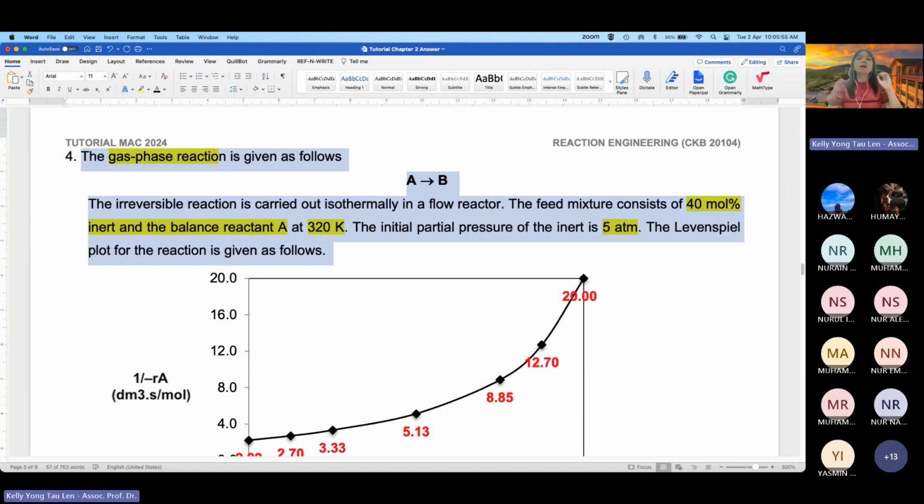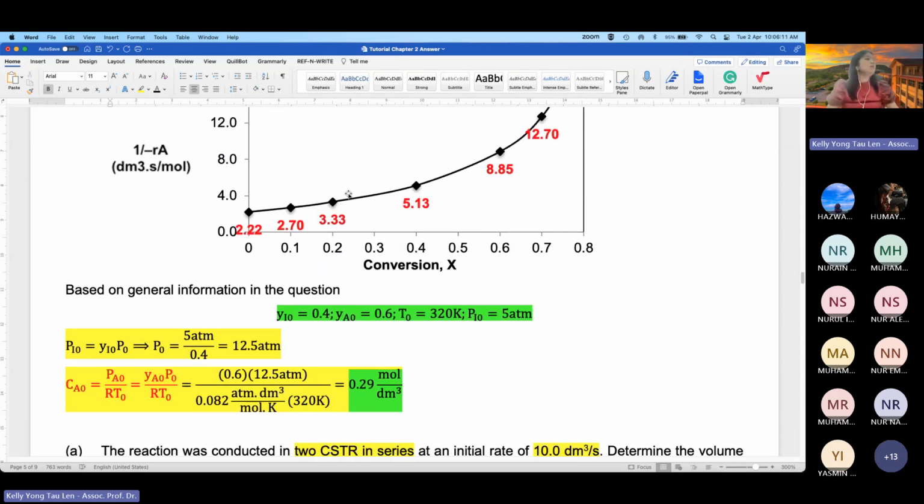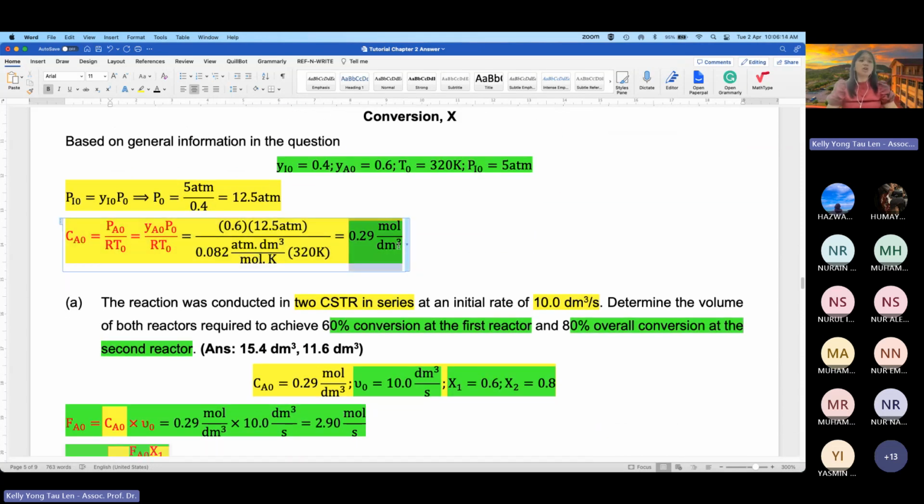Only the information given at the top part can be used for part A, part B, part C. But if the information is specific only to part A, you cannot use it for part B. For example, in this question, from the information at the very top, the only thing you can find is CA naught. So the CA naught that you find, you can use in part A, part B, part C, because to solve for CA naught, you only use the information at the top part.